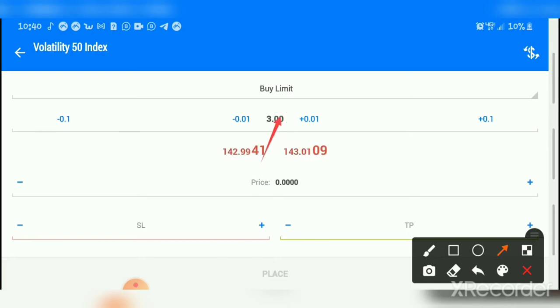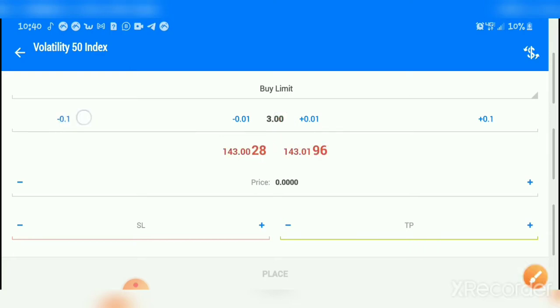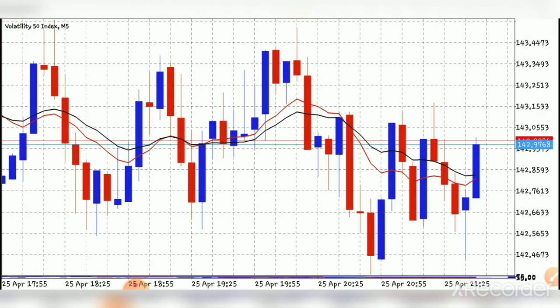In this section here, you have 3.0. That's the lowest lot size. The moment you increase or reduce it and it's no more changing, just know that that's the lowest lot size you can use for that particular asset. So for volatility 50, it is 3.0. Likewise, all those assets have their own lowest lot size.